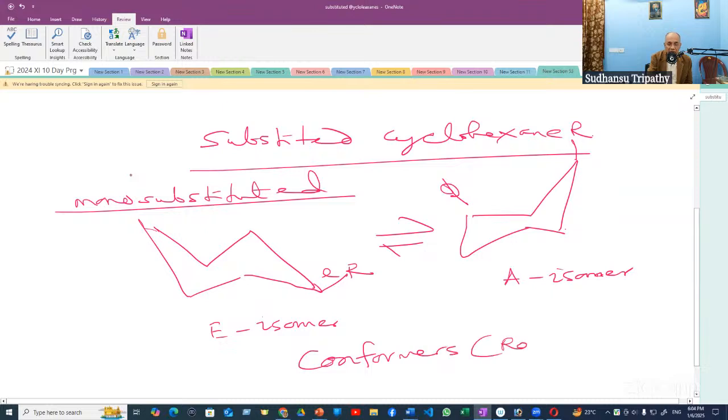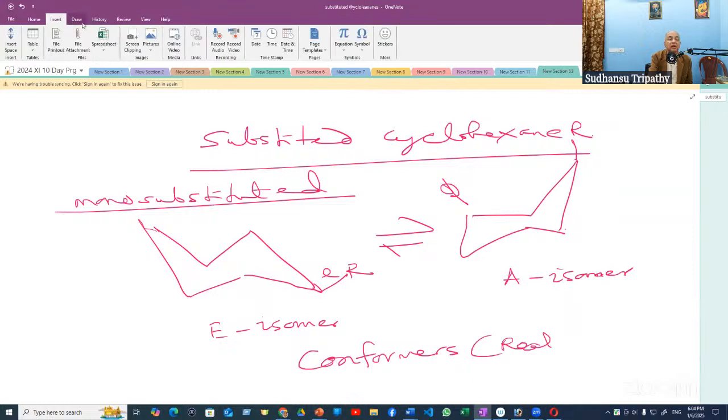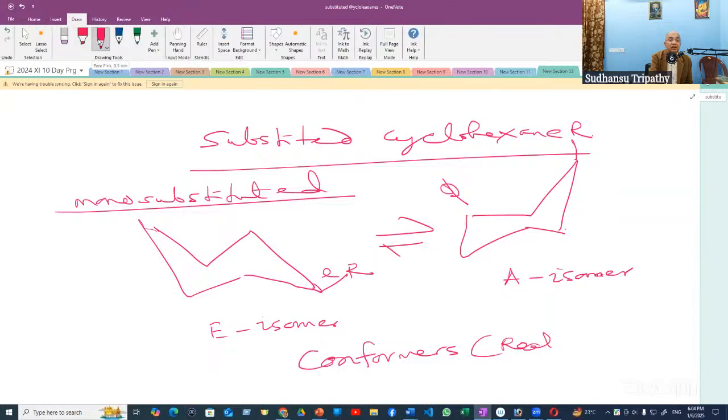These are not optical isomers because there is no plane of symmetry. There is no chiral center anywhere or chiral axis. So these are rotamers.